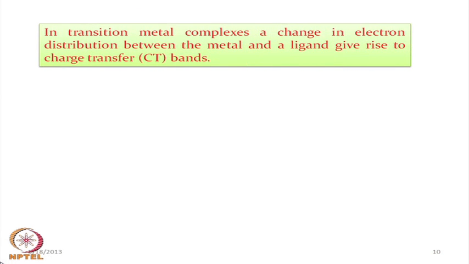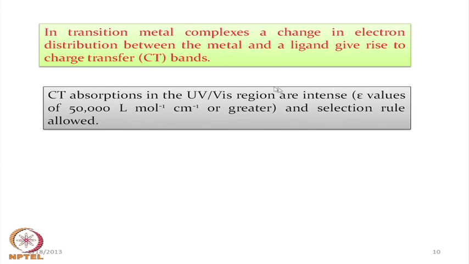So, in such transition metal complexes, a change in electron distribution between the metal and the ligand can give rise to the corresponding charge transfer bands. How do we get that? These levels involve the metal as well as the ligand. These charge transfer transitions we basically see in the UV visible region.